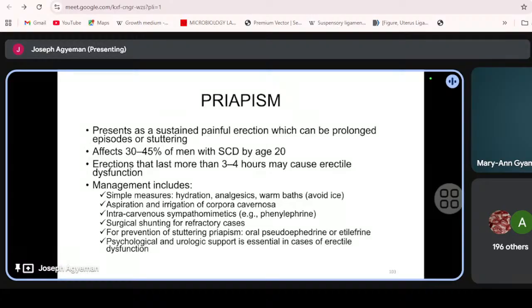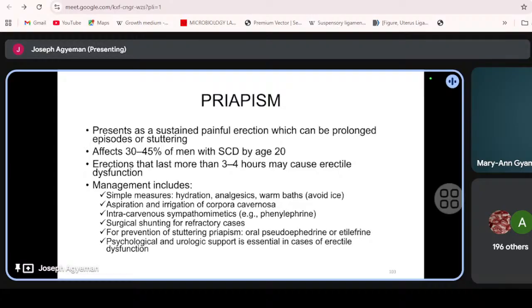Ephedrine is a mixed sympathetic agonist. On its own, it can act on sympathetic receptors and can also cause the release of sympathetic neurotransmitters, so that it causes vasoconstriction to the blood vessels that supply the penis. That doesn't mean you are totally shutting it, but at least it minimizes the occurrence of priapism.